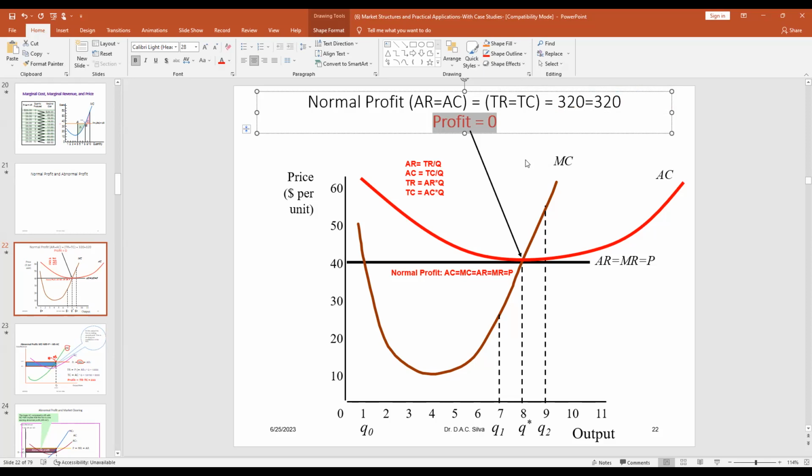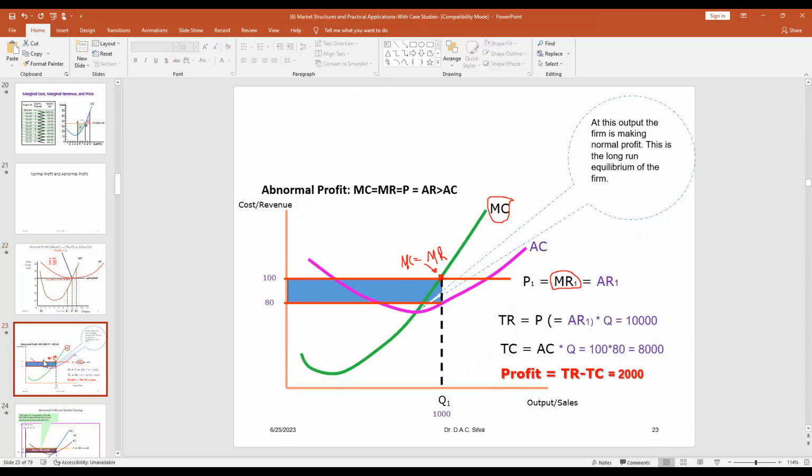Profit is included in the cost of production as a payment for the entrepreneurship risk taking. So this is what we can see here. Now we are going to calculate the abnormal profit. So please calculate and let me know what is the abnormal profit level here.